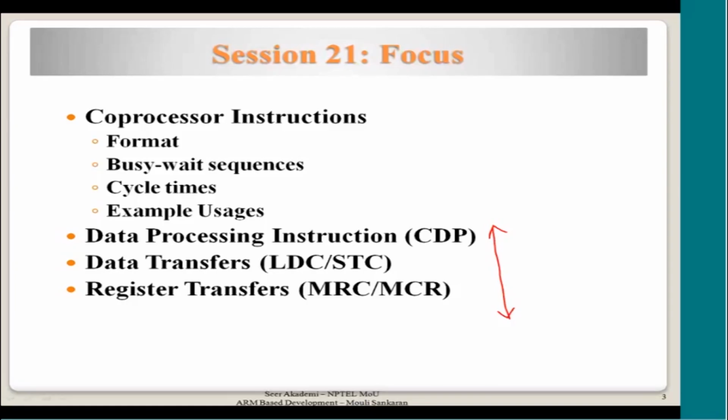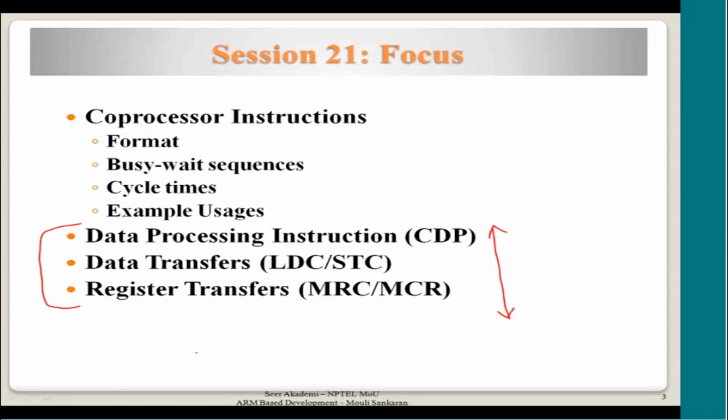Any floating point coprocessor, DSP coprocessor, or encryption coprocessor needs to fall under one of these three categories, and they have the freedom to use these categories to put in their particular instruction, which will be given along with the ARM instructions.